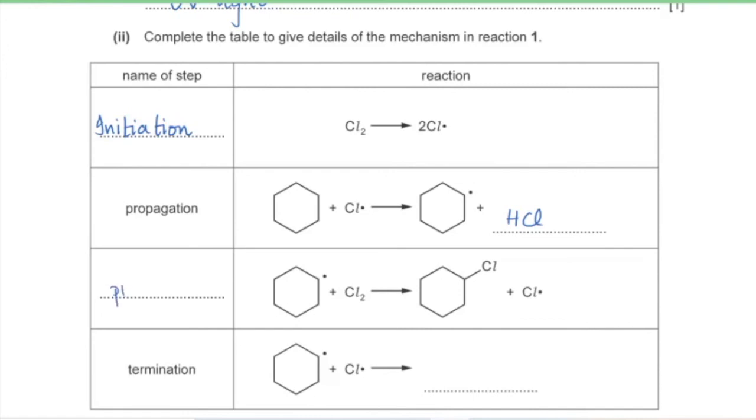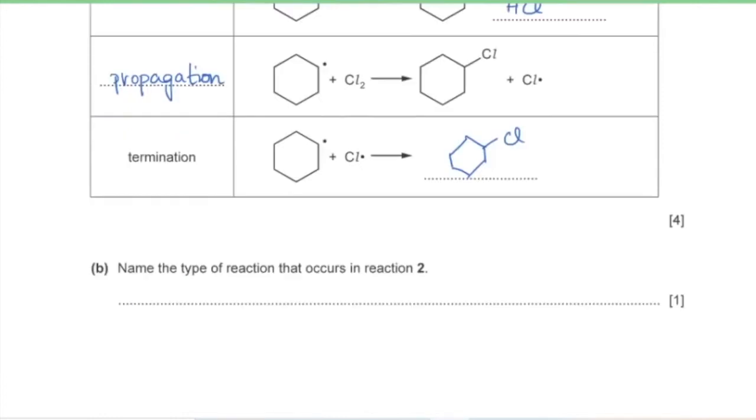So this also is part of propagation. Now lastly, in termination, radicals will react among themselves. Like here, these two, both of them are radicals. They will react among themselves and they will form a desired product like this structure.